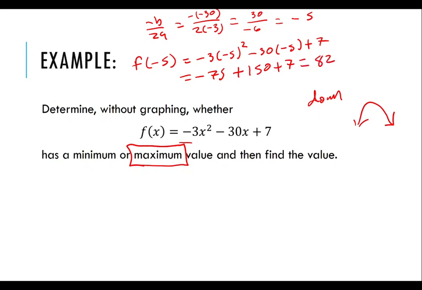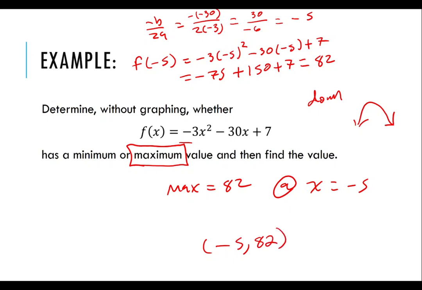And so I've actually found its maximum. The max is equal to 82, and that happens at the x value equal to -5. So remember that you could answer it one of two ways depending upon the way the question is phrased. The maximum is 82. It occurs at -5, but the ordered pair is -5, 82.